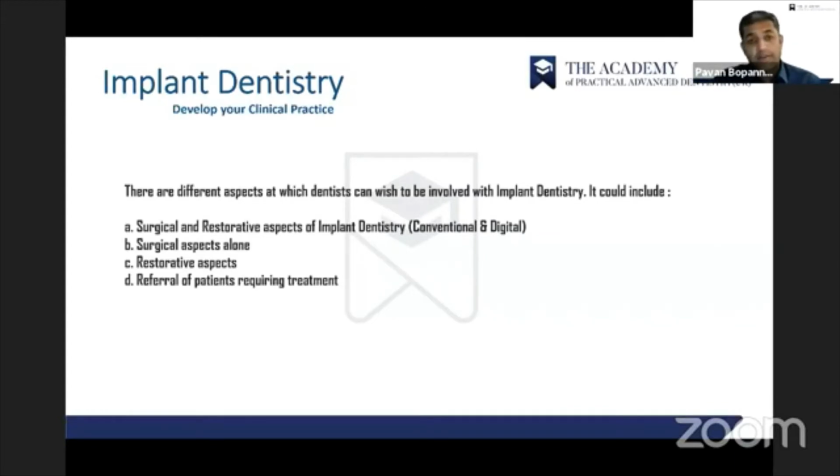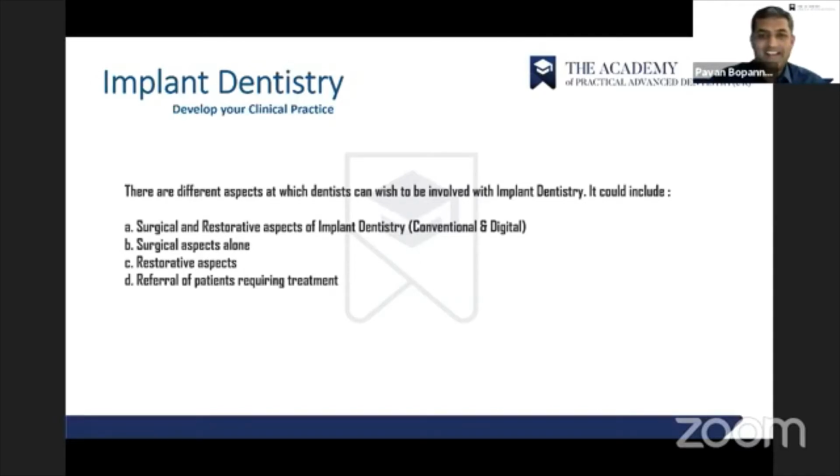Or if your interest is just surgical, then you could just do the surgery and get someone else to restore it for you. Or, where I see more people, they restore and get people to place implants for them. So these are the three options. A fourth really isn't an option, because if you're getting into implant dentistry, I think you should start doing it.